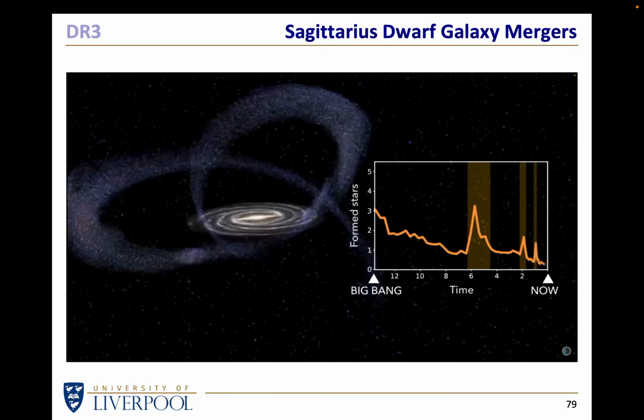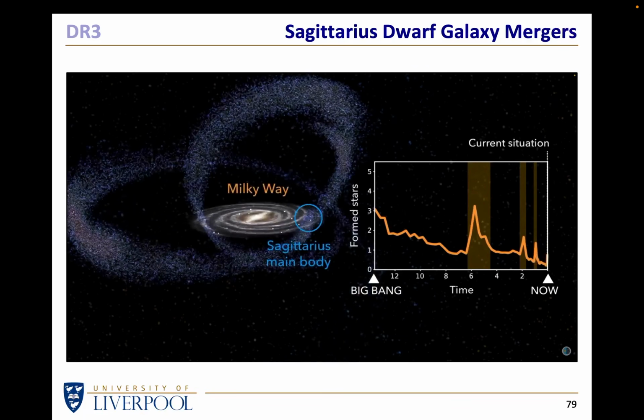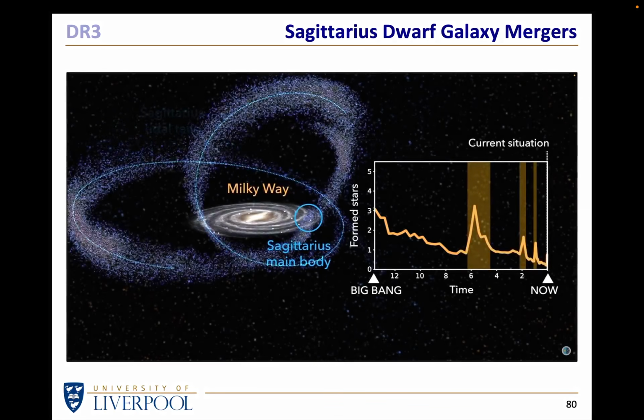And what that galaxy looks like now is effectively, well, it's a mess. It's a stream of stars that has, if you like, the trail left behind by this galaxy, which has interacted with the Milky Way 3 times over the course of history. One of the interesting points about that particular encounter 6 billion years ago was that we know there was new star formation back at that particular point.